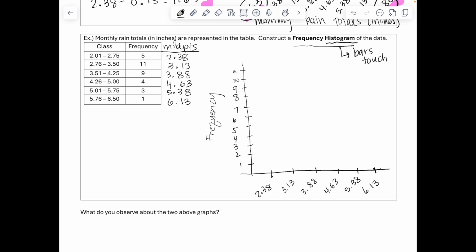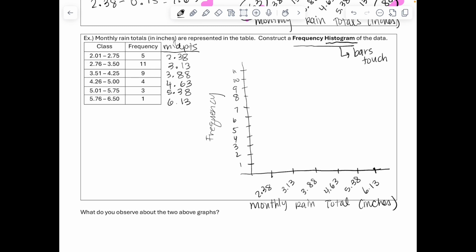Likewise, I need to label my axes, and this again is our monthly rain total measured in inches. So you don't want to label this midpoints, because that doesn't describe what the data represents. You want to make sure that you use the words that are talking about the actual data that we're collecting, which is in this case monthly rain totals in inches.